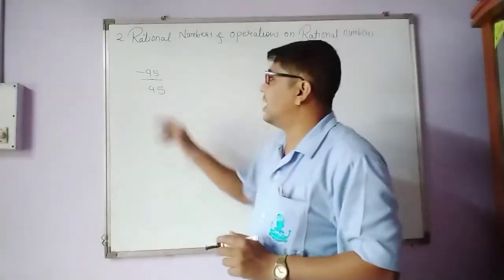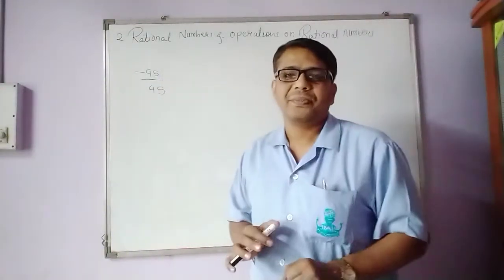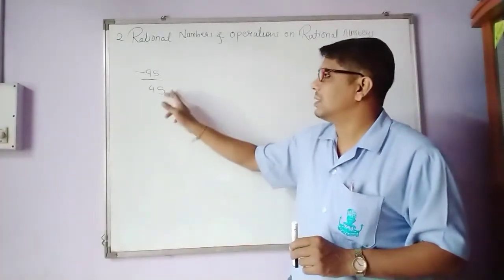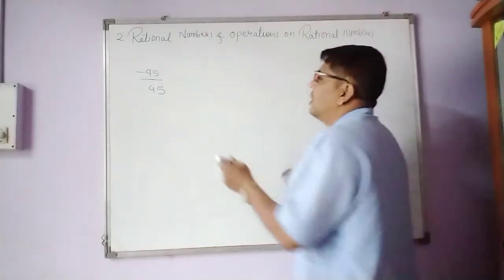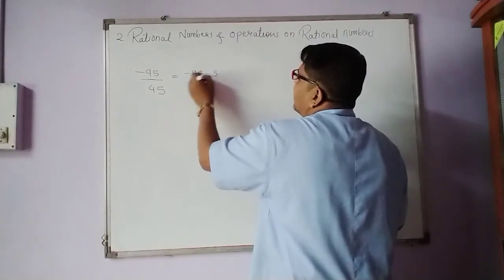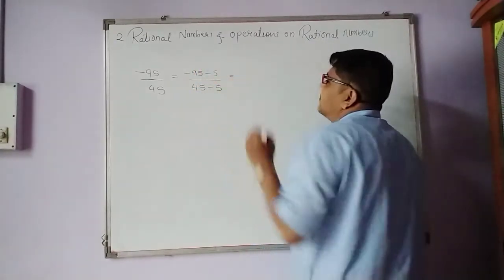Now I know that both these are divisible by 5. Okay, I am not going for GCD or anything like that. I am just going for, I know that they are divisible by 5. So what will I do? Divide them by 5. Minus 95 divided by 5, 45 divided by 5. Right?